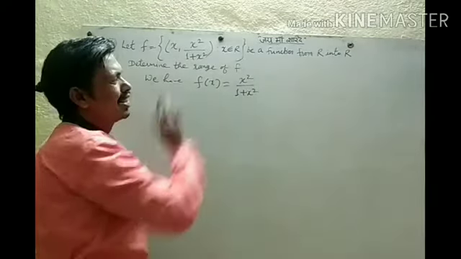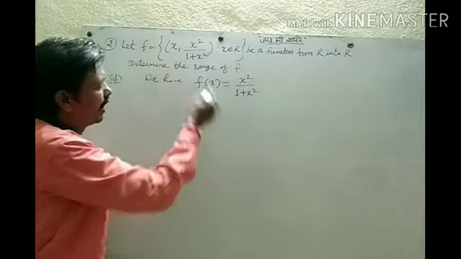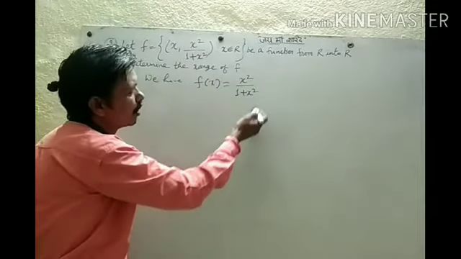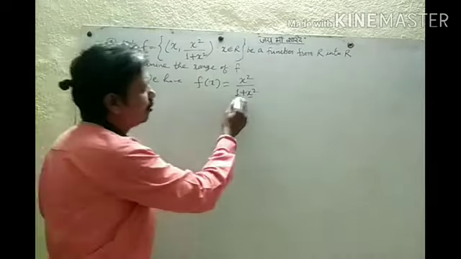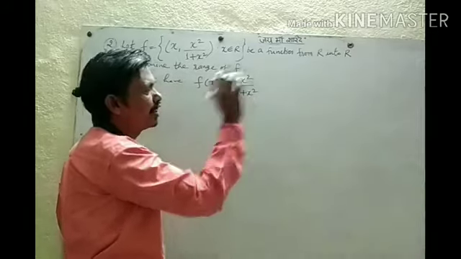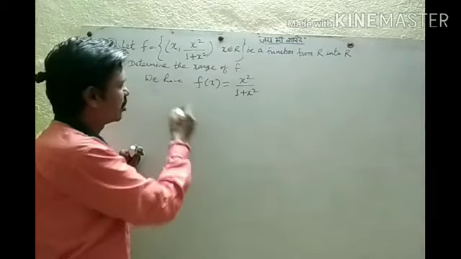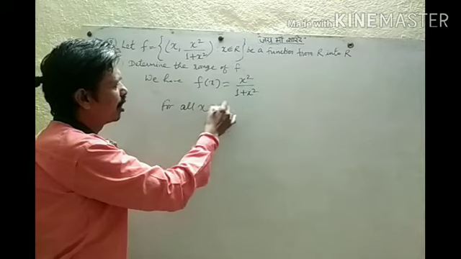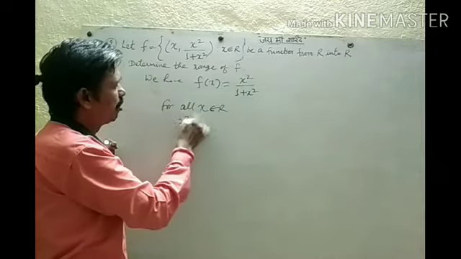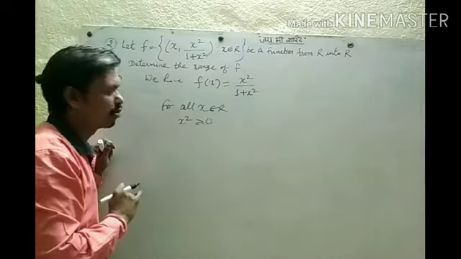So what will be its range? First, if you find its domain, it is a square. So 1 plus the square of any number will always be positive. x square is positive for every real number. Means x square for all x belongs to R will be either more than 0 or equal to 0.